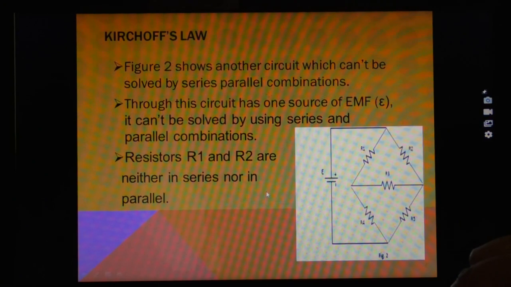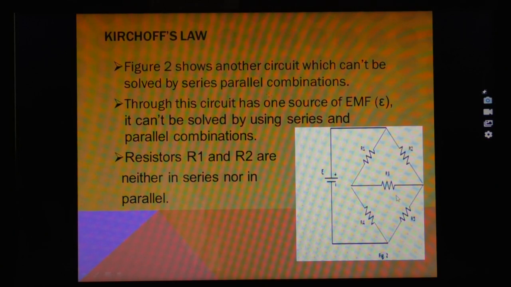So while dealing with such circuits, we need another law, and in figure 2 you can see that even though there is a single source epsilon, look at how R1, R2, R3, R4 and R5 are connected. They are not connected in series, they are not connected in parallel, so they make such a loop.